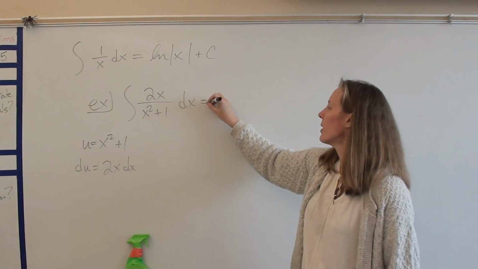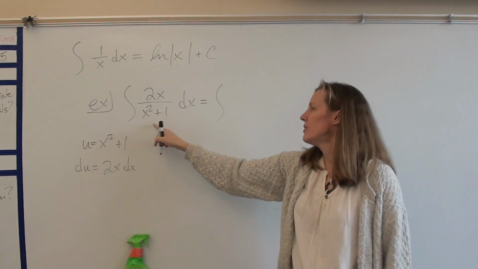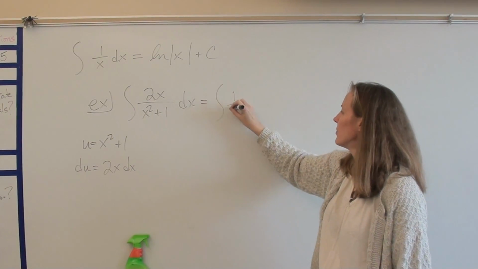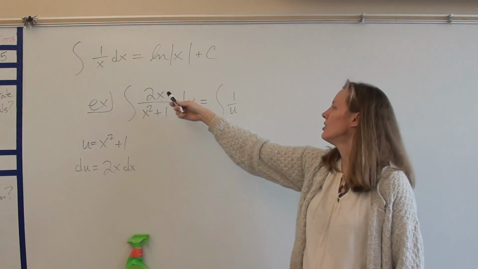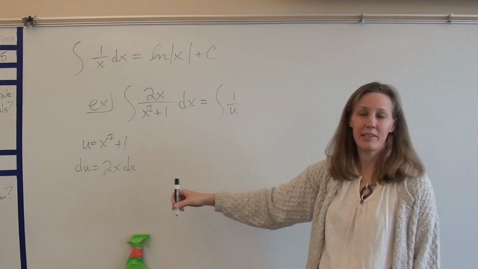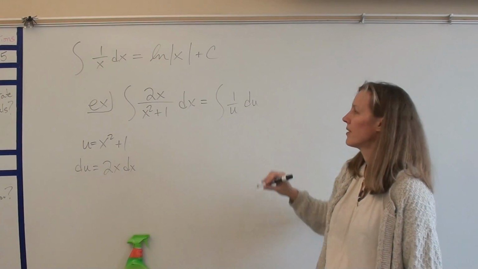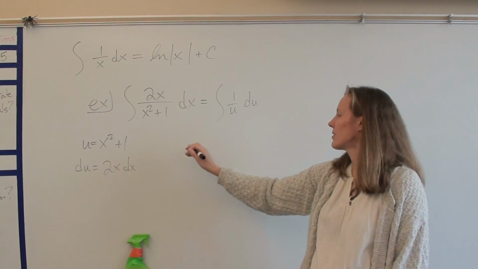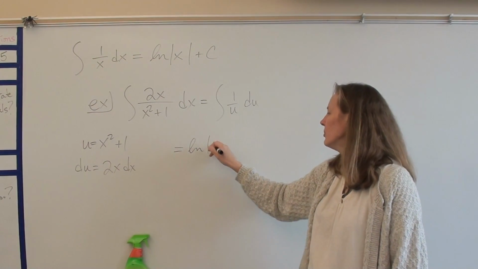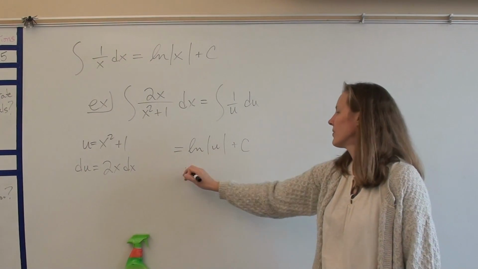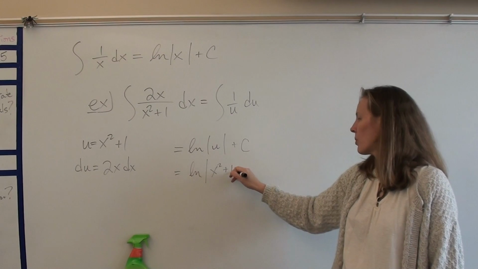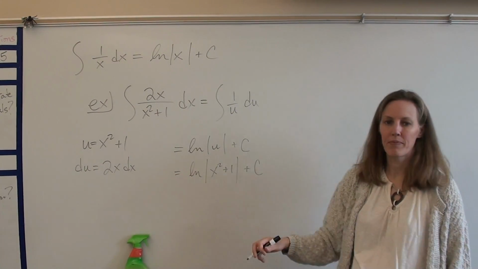So now if we rewrite the integral, this x squared plus 1, that's our u, so this is 1 over u. And then 2x dx, well, that's just du. So this is just natural log absolute u plus c. And so we get natural log absolute x squared plus 1 plus c.